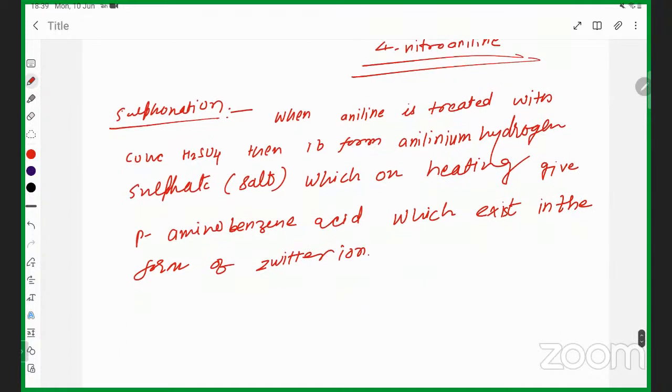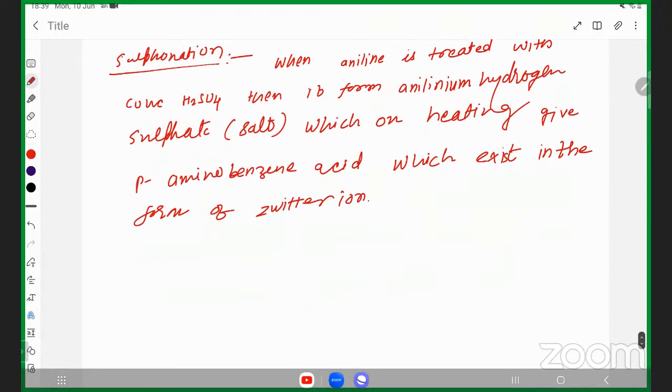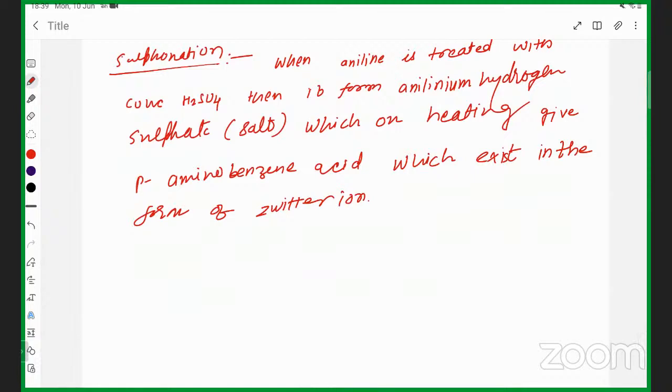Now let us see. They are saying firstly it will undergo the acid base reaction, that you have to understand. Suppose this is the NH2 group. Here is the lone pair of electrons, and you are treating with HSO4. So it is taking this hydrogen.